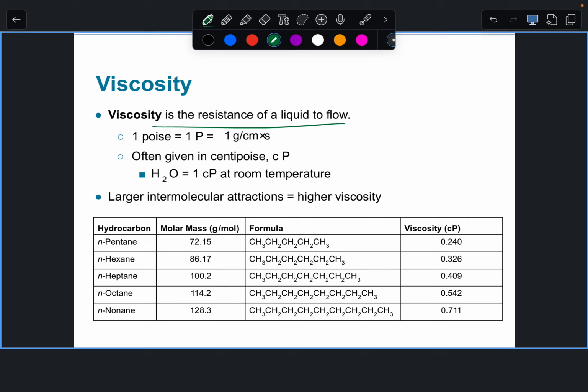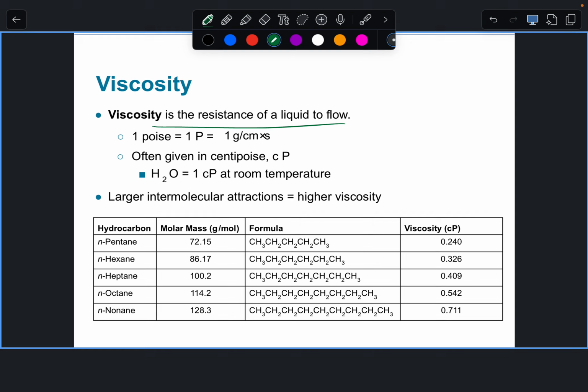If something has to be in a long, skinny stream in order to pour, that means you're going from lots and lots of intermolecular forces to very few when you're pouring it. It's a physical process. We're not warming it up or adding energy that way. We're adding energy through the physical process of trying to separate those molecules into a thin stream. So the process of pouring involves breaking those intermolecular forces.